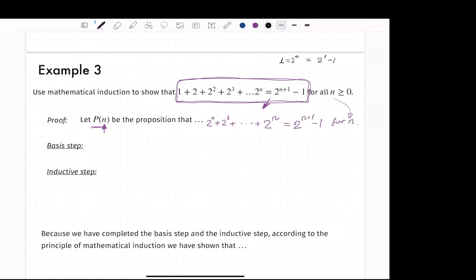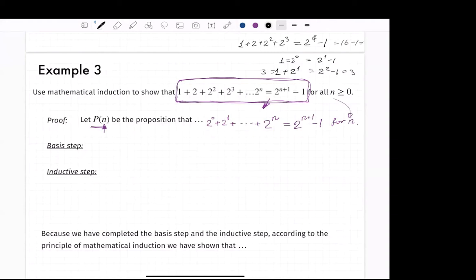How about 1 plus 2 to the 1st? Is that 2 to the 2nd minus 1? Yes, that's 3, and that's 3. So that works out. Let's do one more: 1 plus 2 plus 2 to the 2nd plus 2 to the 3rd. That should be 15, which is 2 to the 4th minus 1, so that's 16 minus 1.